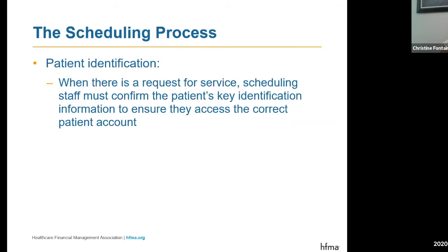Health information systems maintain historical databases for every patient who has had services within the healthcare system. Critical patient information, including the patient's full legal name, date of birth, sex, and social security number, is collected and used as patient identifiers.